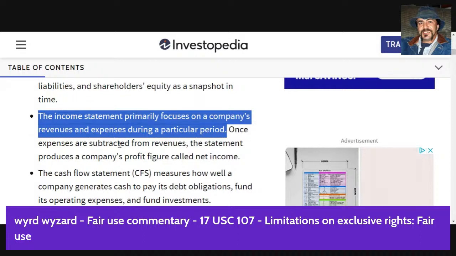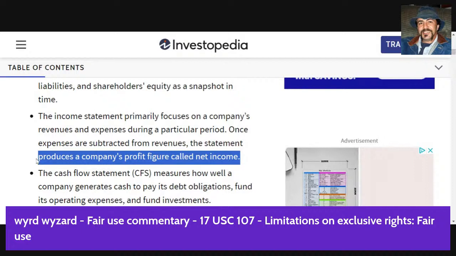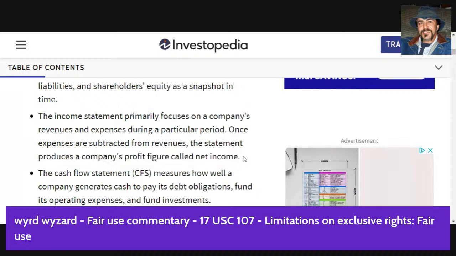Once expenses are subtracted from revenues, the statement produces a company's profit figure called net income. So when you get that check, and that check is in the all caps name or something, and they got your name on it, and it says net income or gross income. IRS wants to know your net income, right?